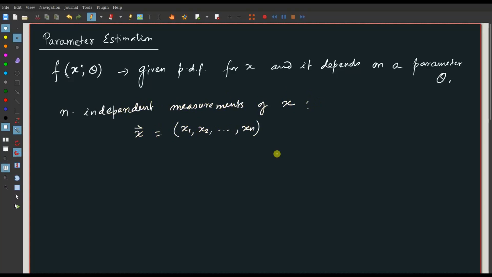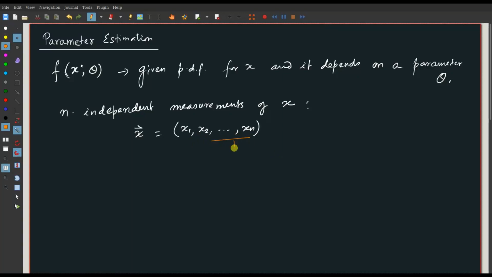Okay, so these are the measurements. So always you will make finite measurements, and now you ask, given this one measurement, what is your best guess for theta?